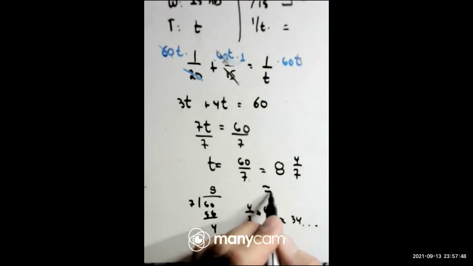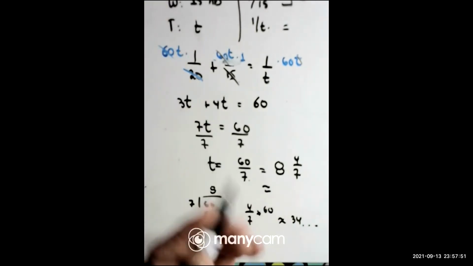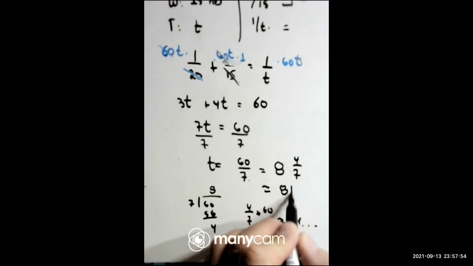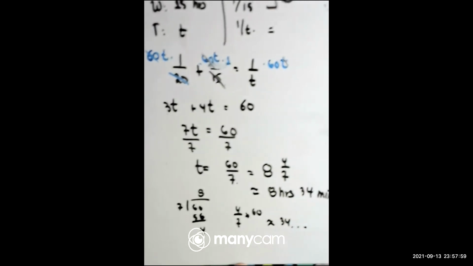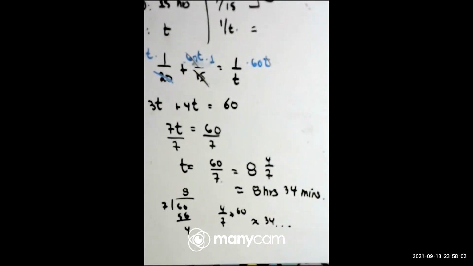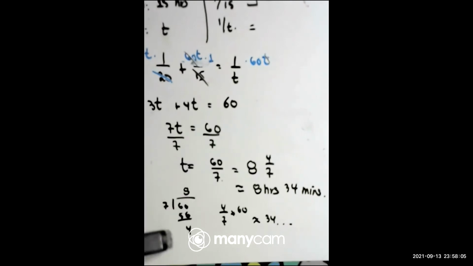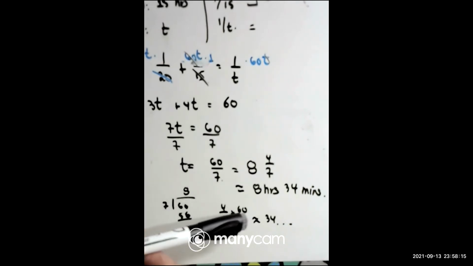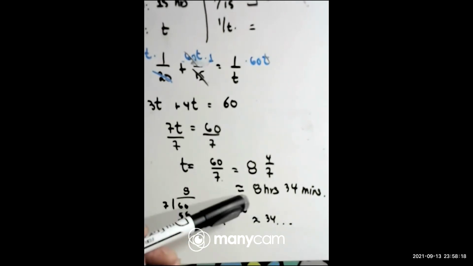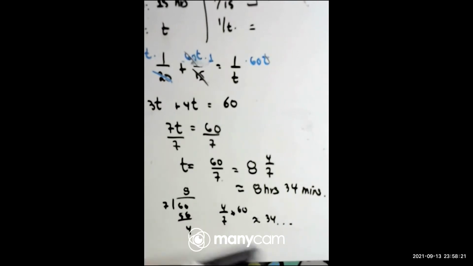So what can we conclude? That these two sources of water to fill the pool would take 8 hours and 34 minutes.